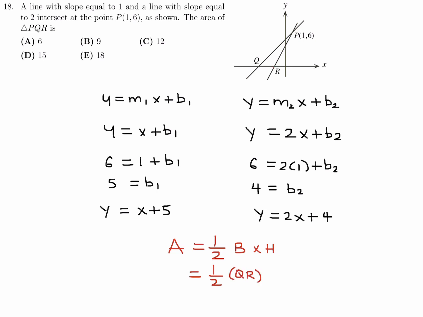And then the height, we already know, right? Because if you were to drop a perpendicular from, say, P down to the bottom, like this, that distance is just the y-coordinate of P, which is 6. So the height is 6.